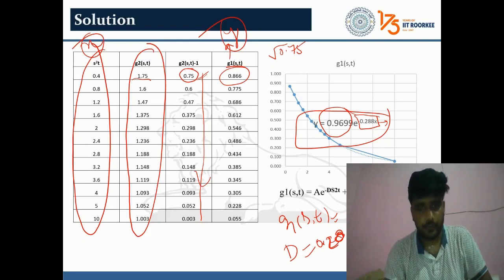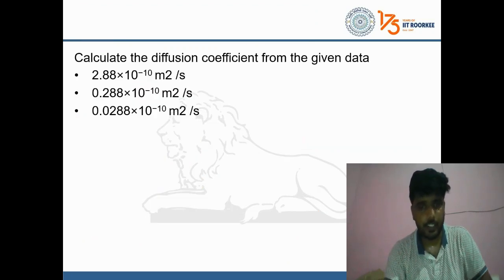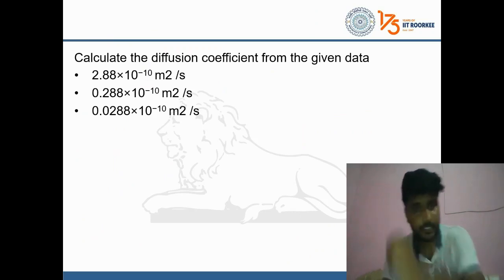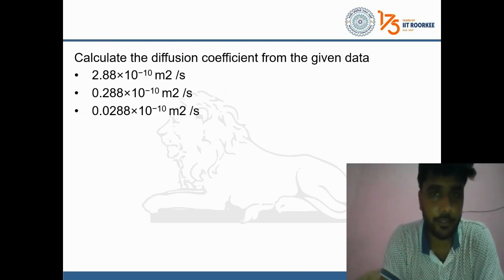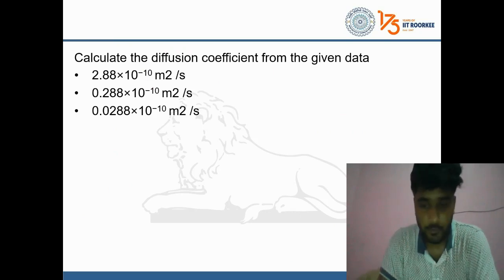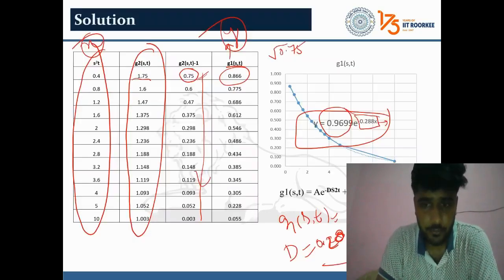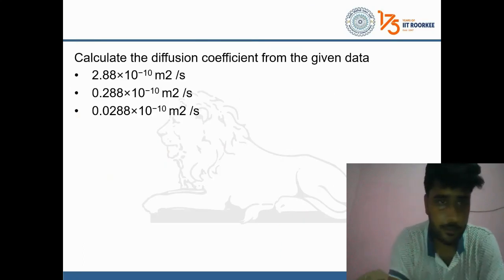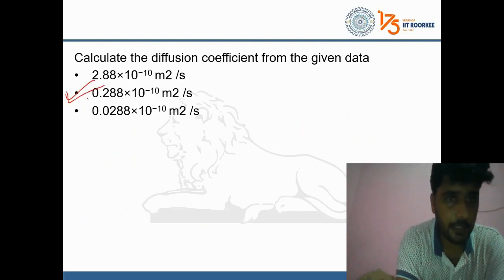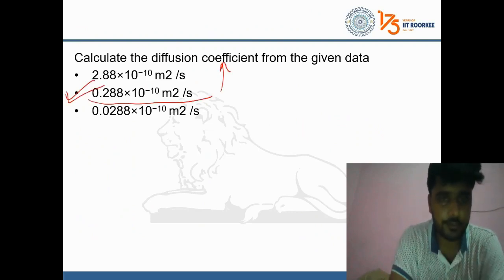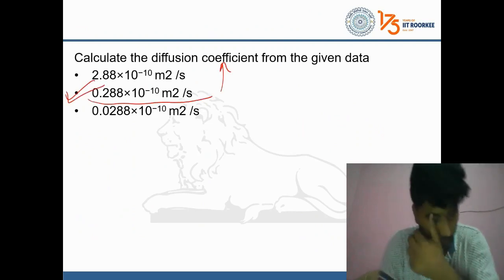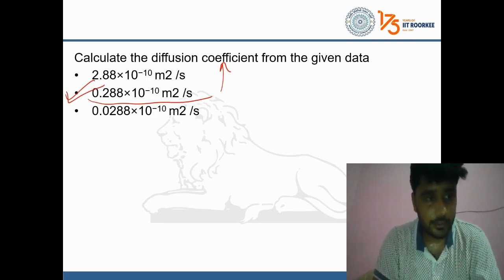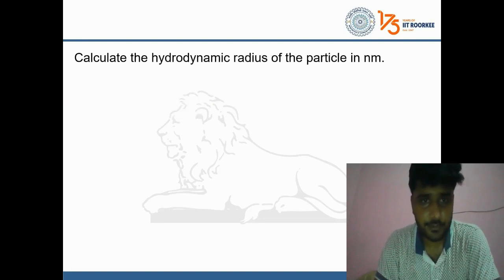The question asked what is the value of diffusion coefficient from the given data, and the unit is meter square per second. So 0.288 into 10 raised to minus 10 meter square per second will be the right answer for diffusion constant. This was a basic question.